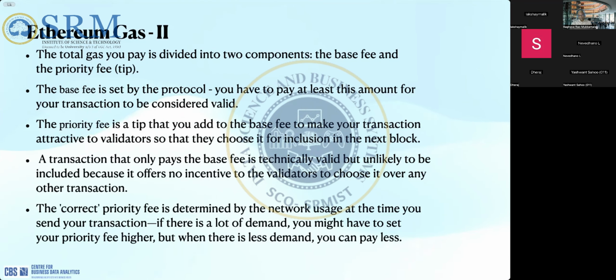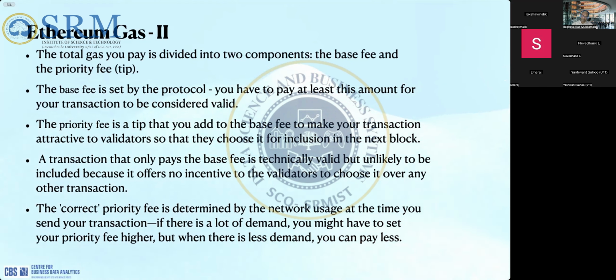So the correct priority fee is determined by the network usage at the time you send the transaction. It also depends upon the base fee, which is decided by the previous block, that is, by how much gas was consumed in the previous blocks, right?